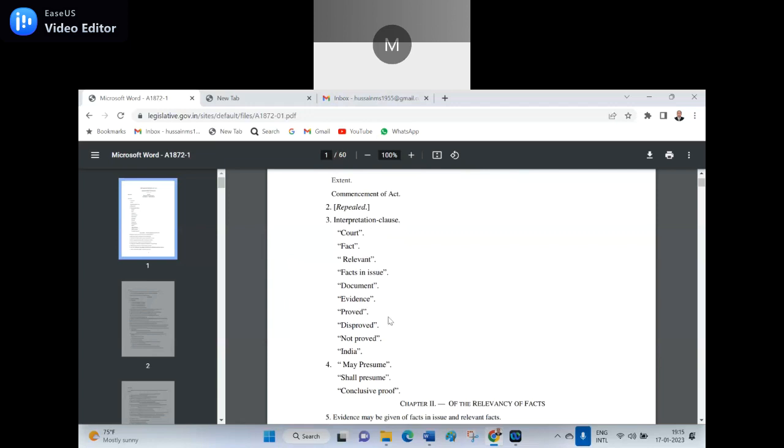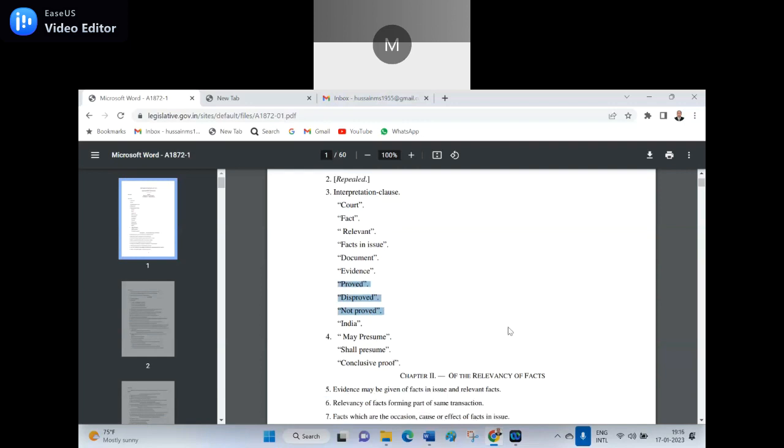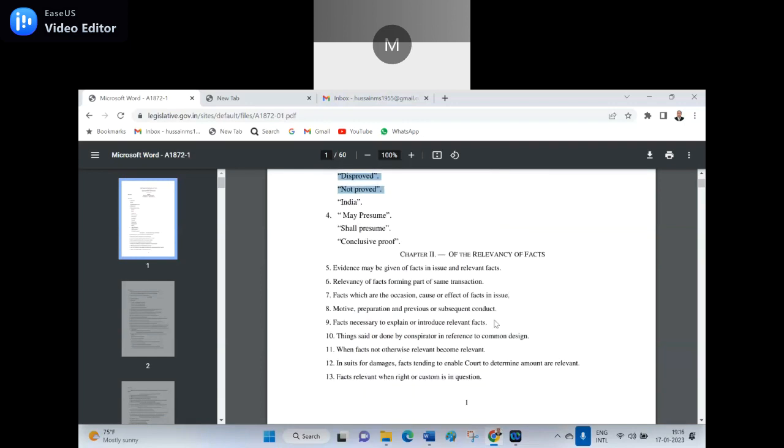So they may ask you, proved, disproved, not proved, and they will ask to match the following. The probability would be there to ask. They also ask what chapter 2 deals with, chapter 3, chapter 4, chapter 5.